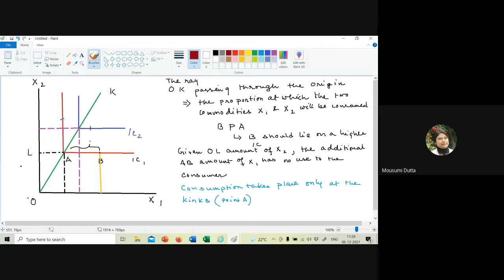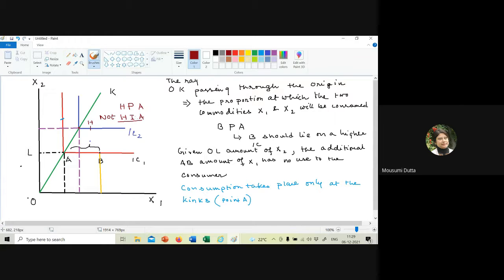So if I compare a point like, say, this point, K or H. Suppose this is H. H is giving me a higher level of satisfaction compared to A. So H is preferred to A, not indifferent.